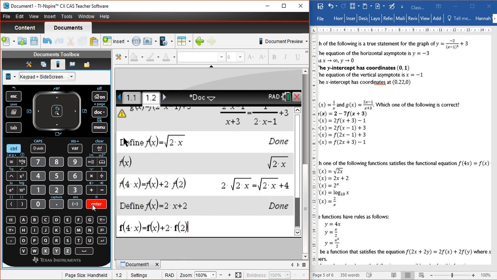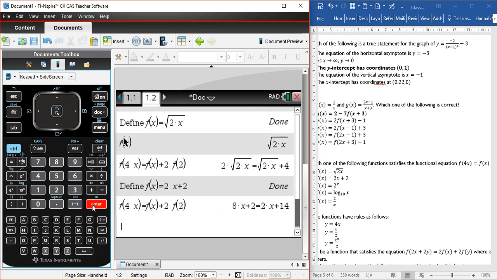And now we just enter. It copies and pastes the entire statement again, so you don't have to retype the same thing again and again. However, this time it is using the new f of x that you have just redefined. So it doesn't look like it's true either, because the CAS just rewrites the statement.